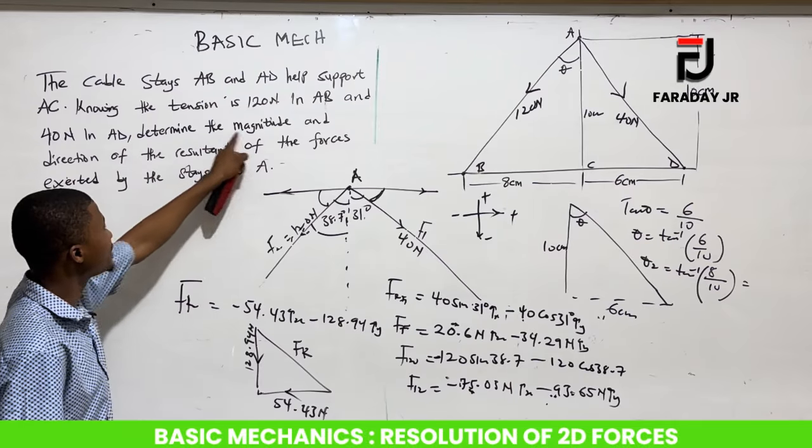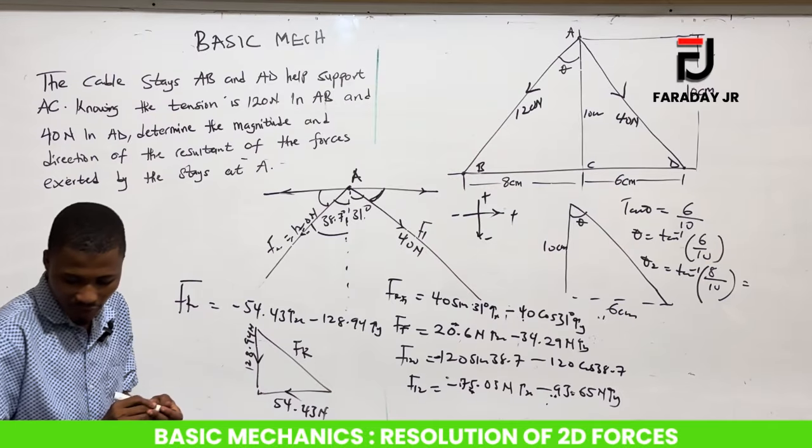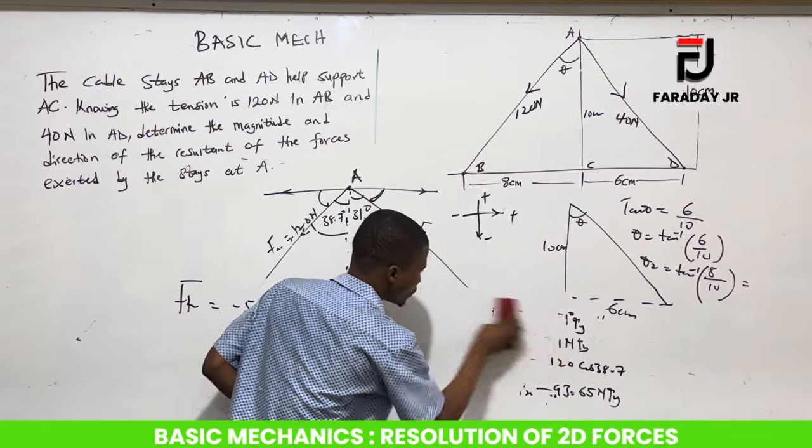So assuming we are told to find the magnitude. The question says determine the magnitude, and we know that the magnitude is the same as finding the Pythagoras form of the result you have.